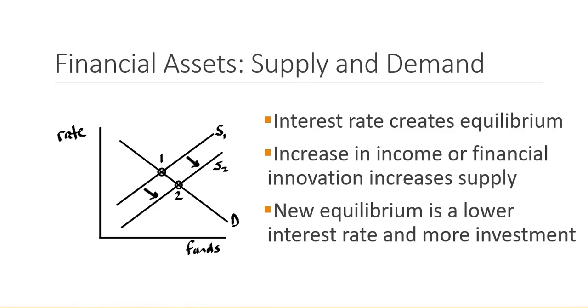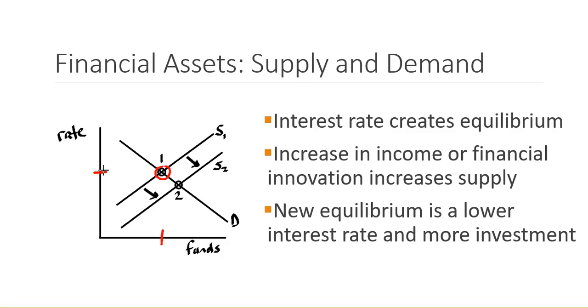We have a change in supply. So let's talk about what's causing the change in supply. First, what creates equilibrium in our financial asset supply and demand is interest rates. So I see at point 1, I have my equilibrium, a certain amount of funds available for borrowing, and an interest rate at which those funds are available for borrowing.